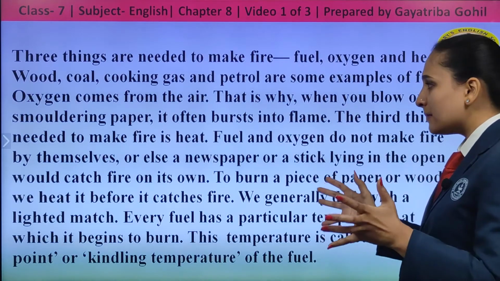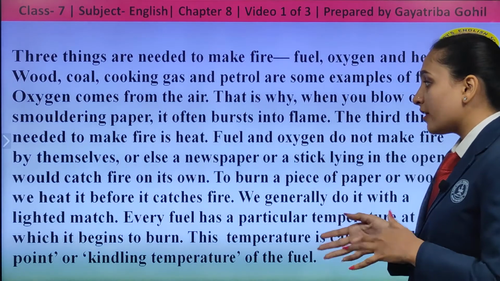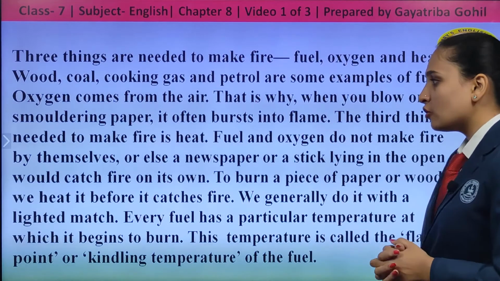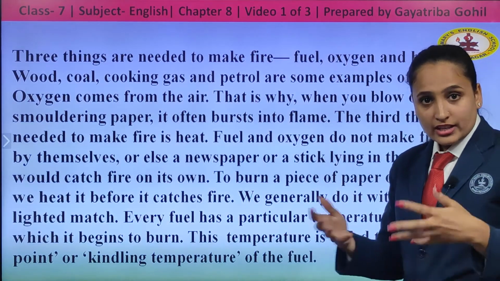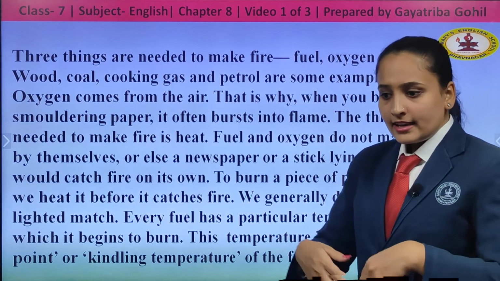Fuel and oxygen do not make fire by themselves, or else a newspaper or a stick lying in the open would catch fire on its own. Oxygen is always present in the air, right? So in order to create fire, you have to give heat from an outside source. To burn a piece of paper or wood, we heat it before it catches fire, generally with a lighted match.